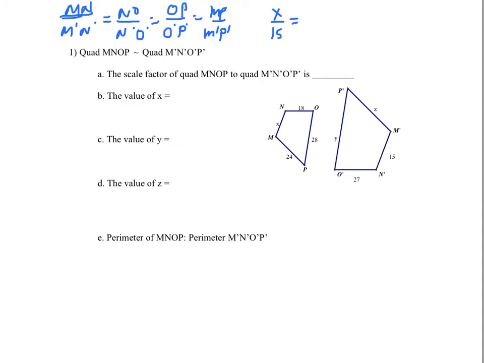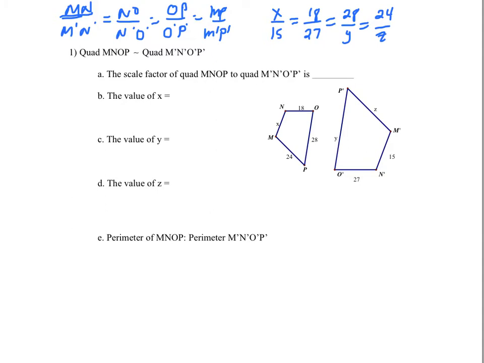It's going to be equal to NO, which is 18, over N'O', which is 27. That's equal to OP, which is 28, over O'P', which is y. And this is equal to MP, which is 24, over M'P', which is z.